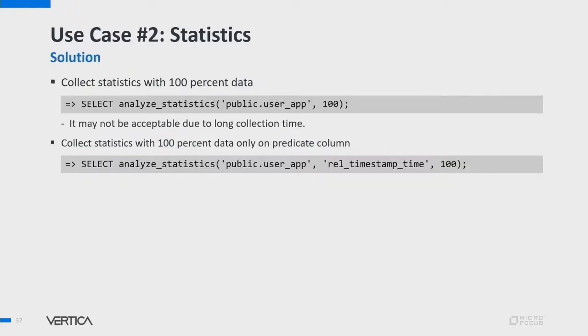In case of this issue, the solution is collecting stats with a larger percent of sampling data like 100%. But it takes a long time if the table has huge data, so it may not be acceptable. If it is not acceptable, consider collecting the stats only on the predicate columns.